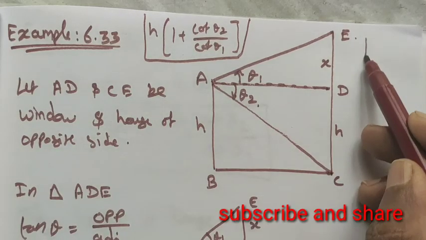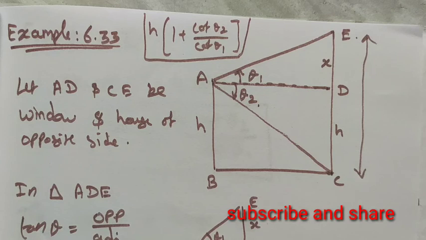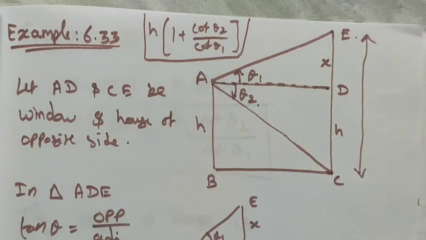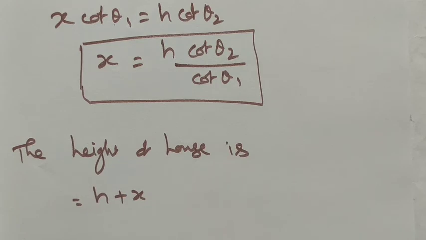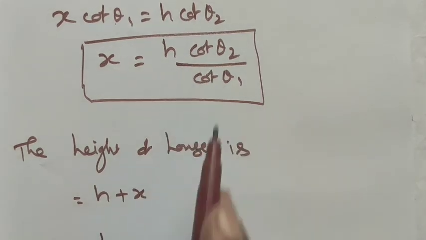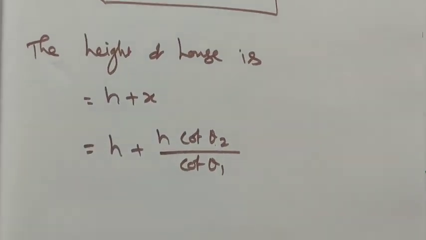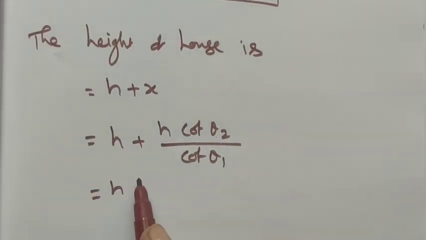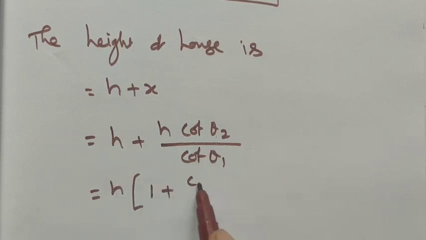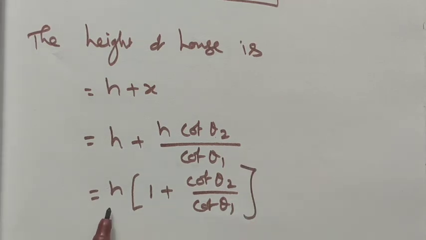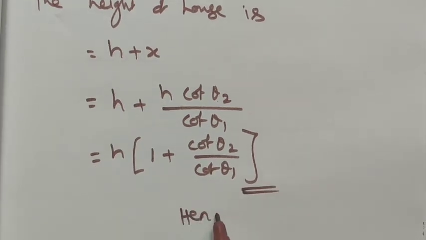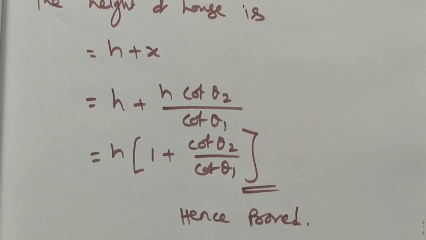See here, the total height of the house, that is CE, is nothing but h plus x, and x is h cot theta 2 divided by cot theta 1. Now h is common to both the terms, so h will be taken out, so we have 1 plus cot theta 2 divided by cot theta 1. This is what we wanted to prove: the height of the building is h into 1 plus cot theta 2 divided by cot theta 1. Hence proved. Thank you, students.